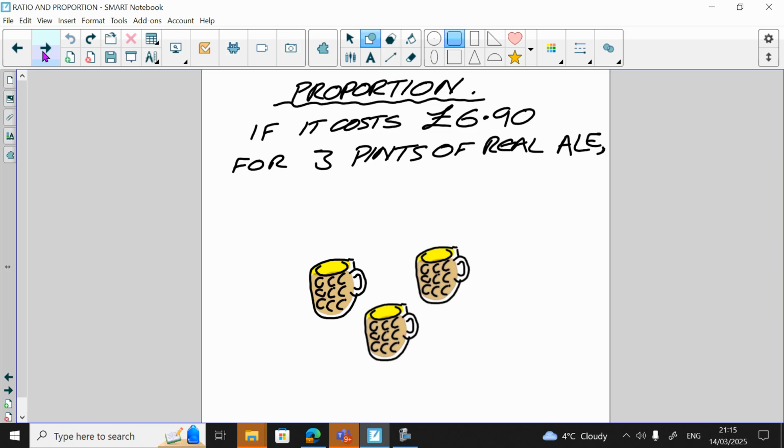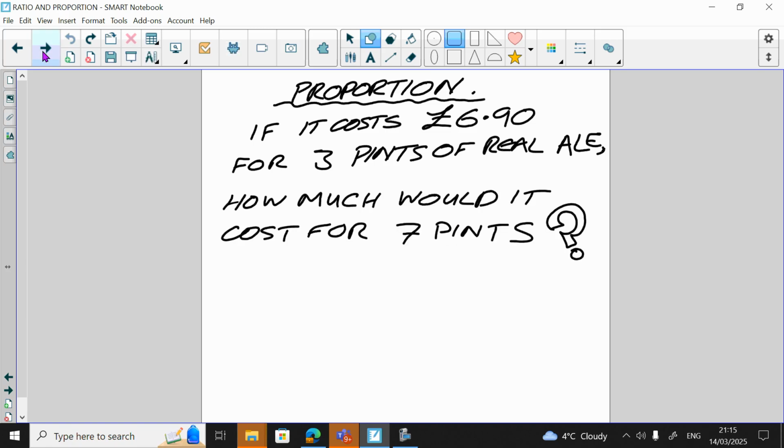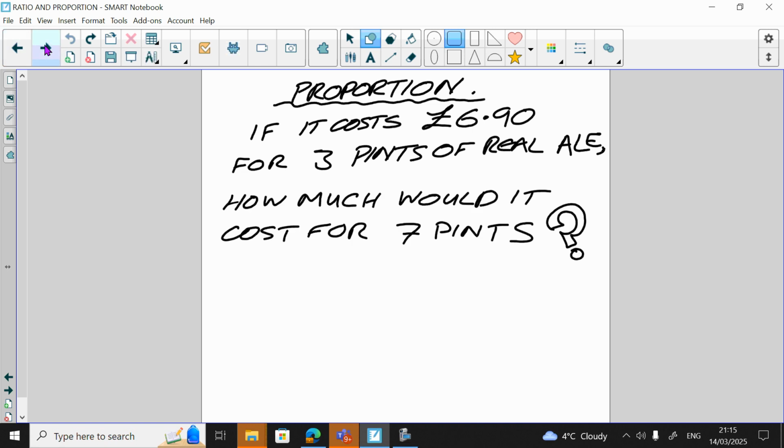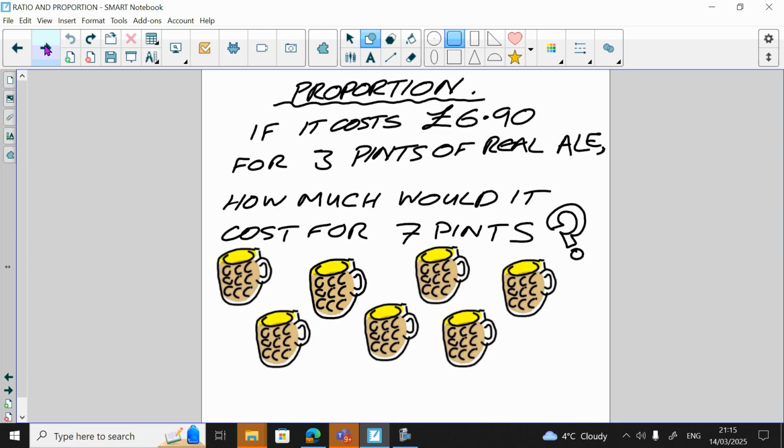So £6.90 for 3, identical. How much would it cost for 7 pints? They're changing it here, so you've got that information to start with. So how much is it for 7?